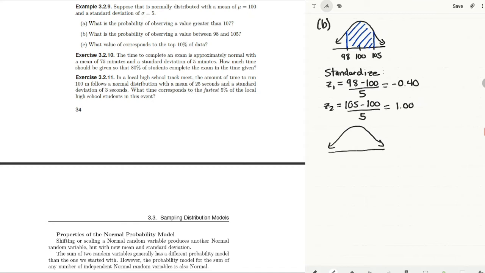So now using our standard normal curve, we have our z-scores of negative 0.40 and 1.